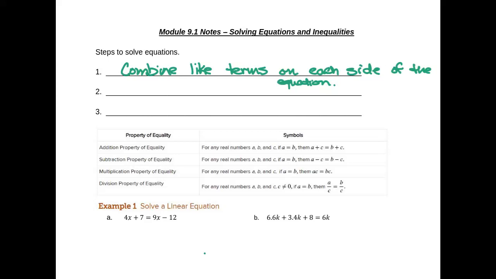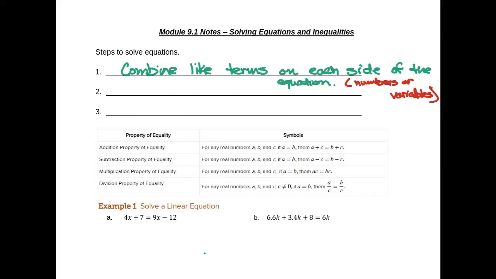So combine like terms on each side of the equation, and there we're talking about could be the numbers or could be your variable terms. Okay? But you need to combine them. All right?